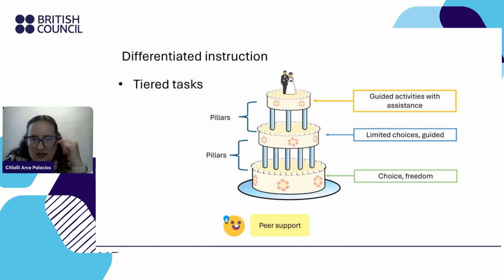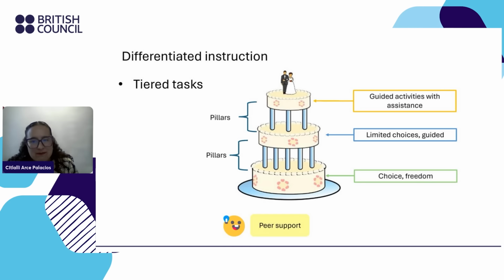If you see here, we have the pillars, and these pillars are going to be like the scaffolding that we all know, okay? But something curious that I really like about this model is that this scaffolding is not provided just by the teacher, but also by other students. And I think this is the magic of this model, okay?